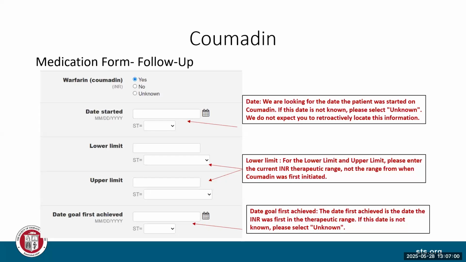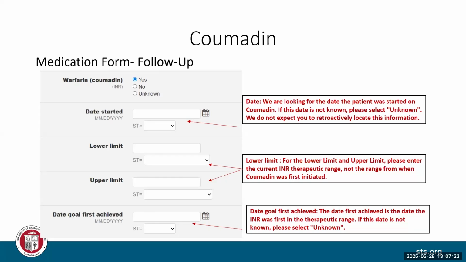So first off, I just want to say that if the patient has been on Coumadin for quite some time and you're working on a follow-up and it's been years and you're not sure what date it is, we don't expect you to go back and retroactively locate the date. So putting unknown is completely sufficient.